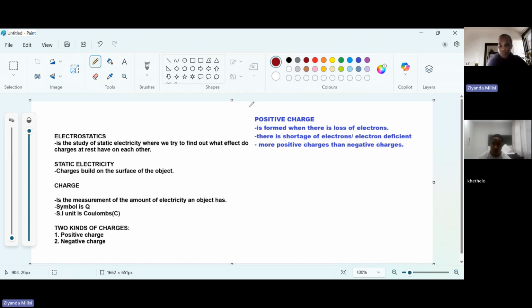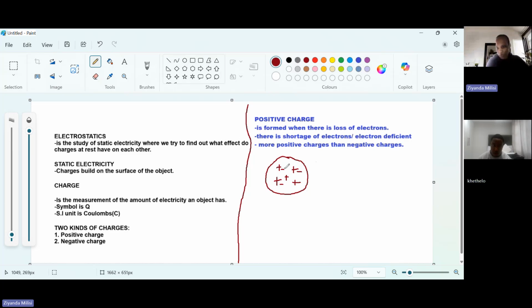Just because I am positively charged doesn't mean I don't have negative charges. So if you look at this object, let's say here is our object. Check it out. Each positive charge has a negative next to it to make it neutral.